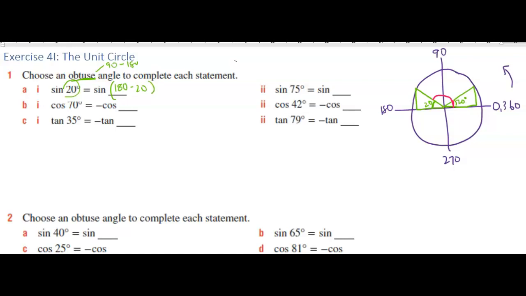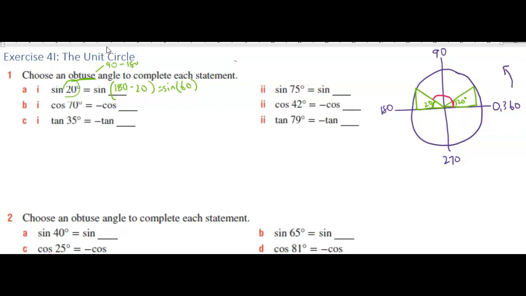So sine 20 is the same as sine 160. Okay, so they're in different quadrants, but the value is the same.